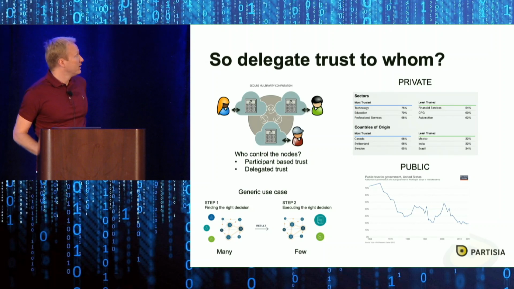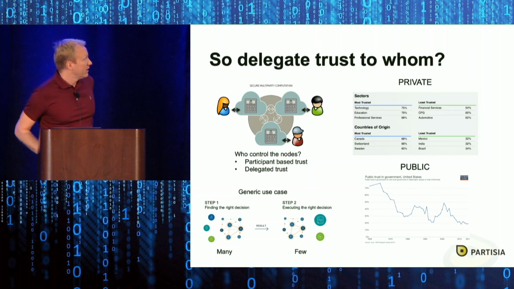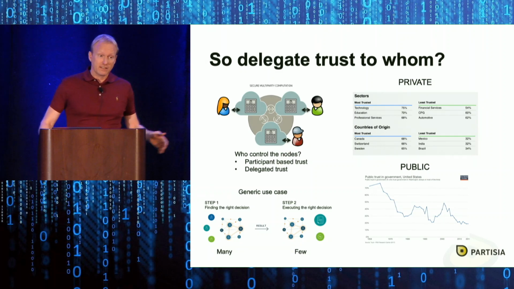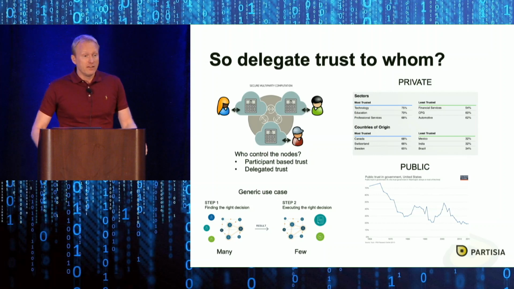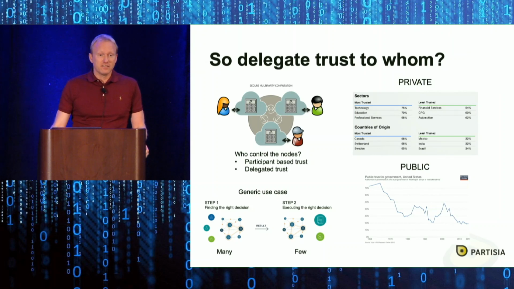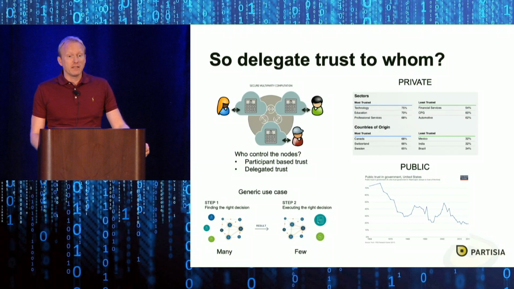And clearly some industries are more trusted than others, so you could try to organize these entities and basically allow them to profit on selling trust in a system like this.